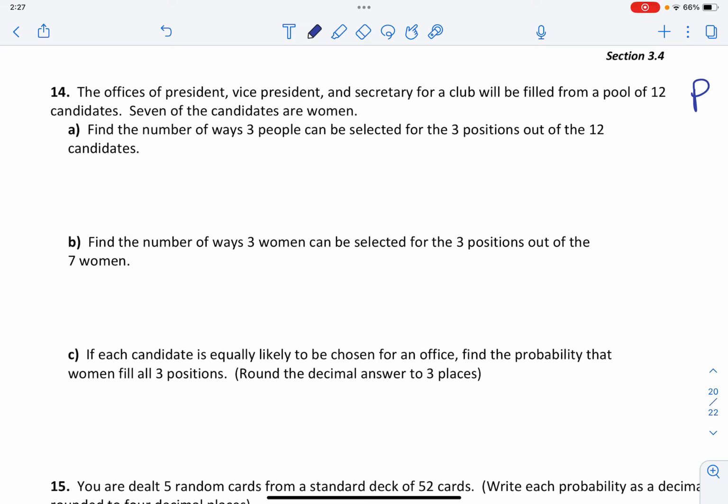Find the number of ways 3 people can be selected out of the 12. That's pretty easy, just 12 P3. Choosing 3 out of 12, and the order matters, so it's a P. Calculate that with your calculator, or it's just 12 times 11 times 10 for the P. There's a shortcut for those. It's 1,320.